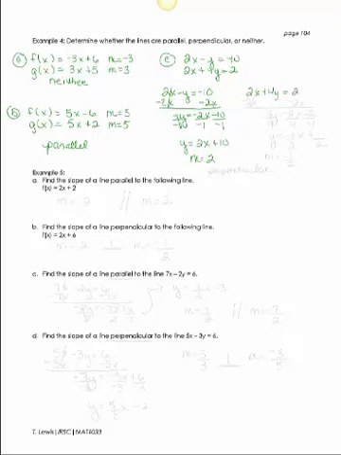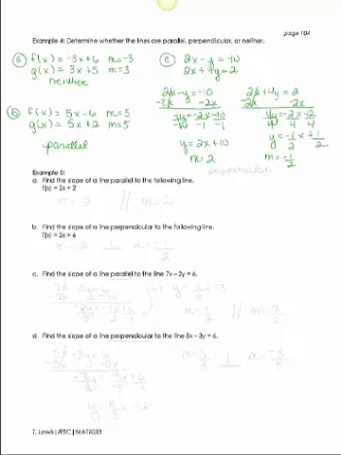Let's solve for y. Let's subtract 2x from both sides. We have 4y is equal to negative 2x plus 2. Divide by 4. We have y is equal to negative 1/2 x plus 1/2. So our slope here is negative 1 over 2.